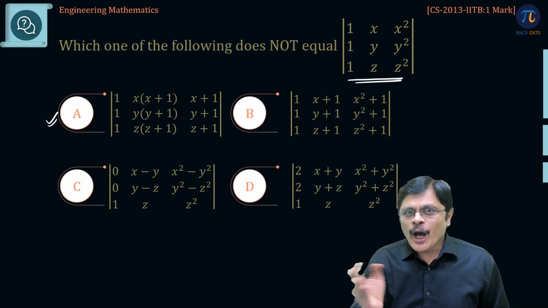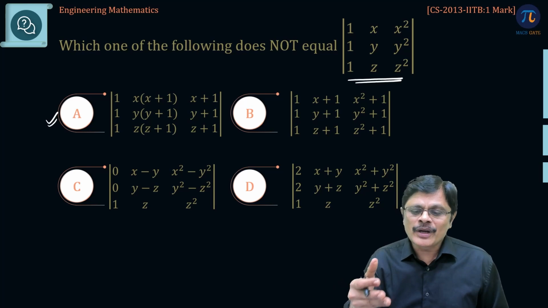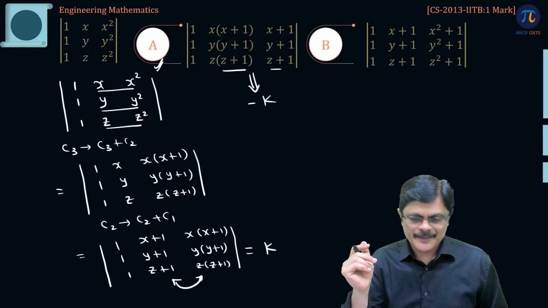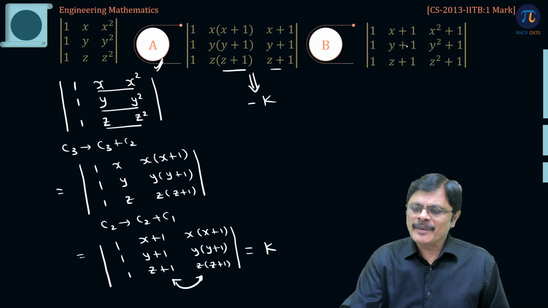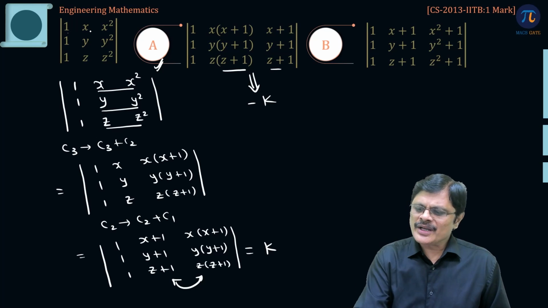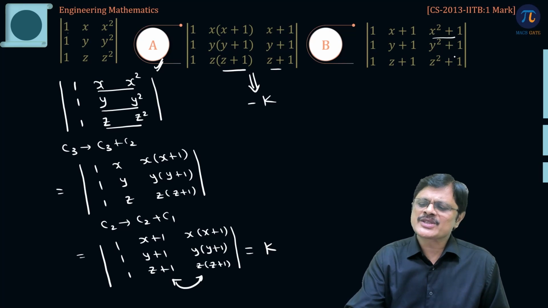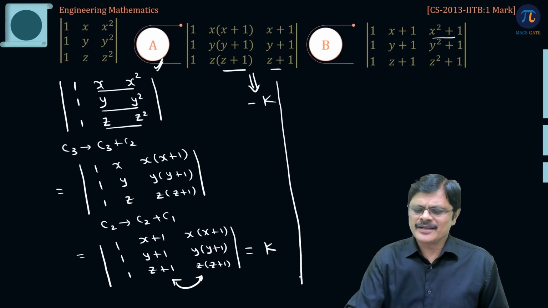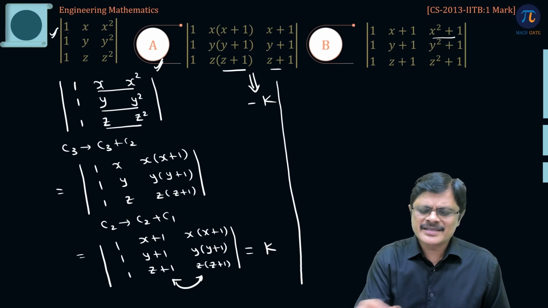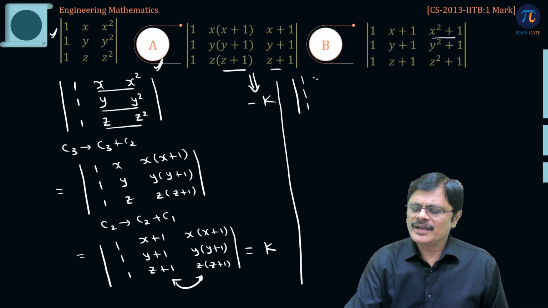Let us see how B, C, D are equivalent to the determinant of the given matrix. If you observe option B, it is obtained by doing x plus 1, y plus 1, z plus 1, and x square plus 1, y square plus 1, z square plus 1. From the given matrix, you can easily obtain this. Suppose the given matrix is 1, 1, 1, x, y, z, x square, y square, z square.